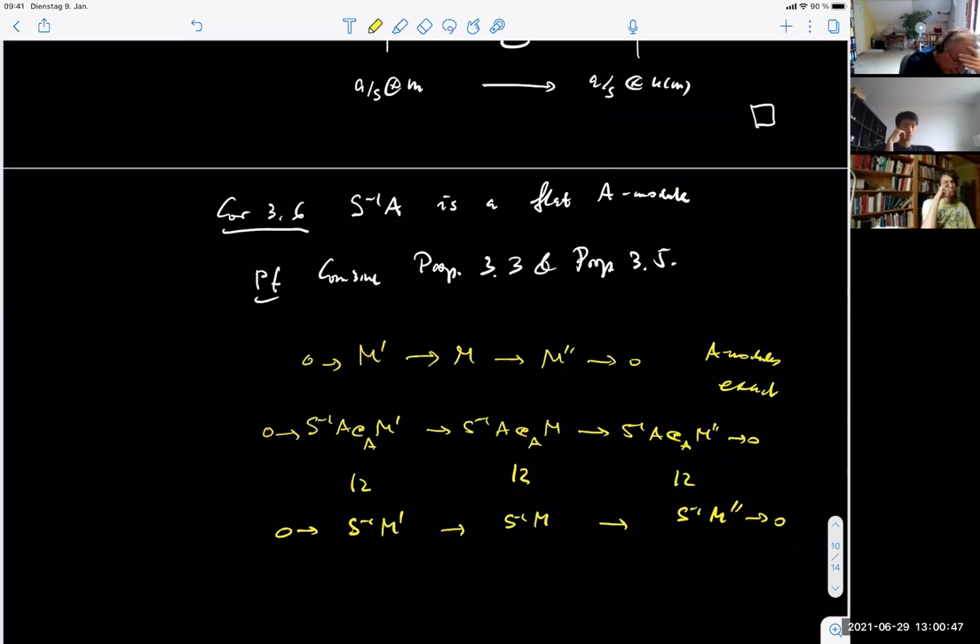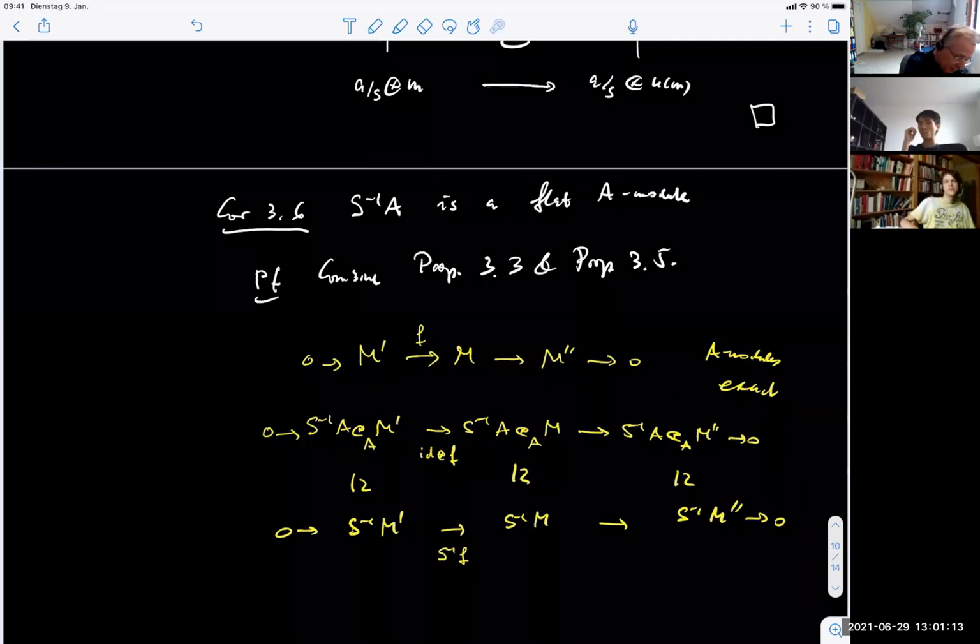And even the maps, so here you see the maps. These maps are, maybe I should write it. Maybe if this is called F, then this map is identity tensor F. Of course, identity on S to the minus 1A. And this map is S to the minus 1F. And we know this is a commutative diagram, right?